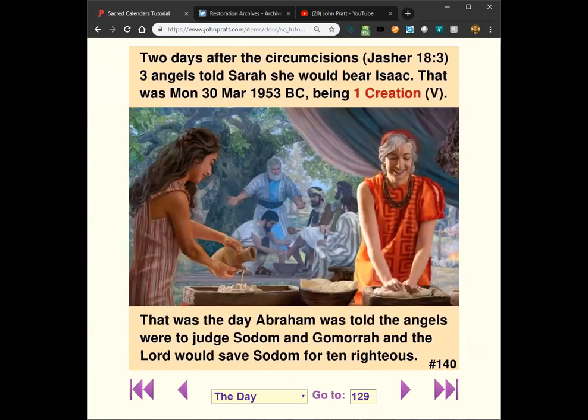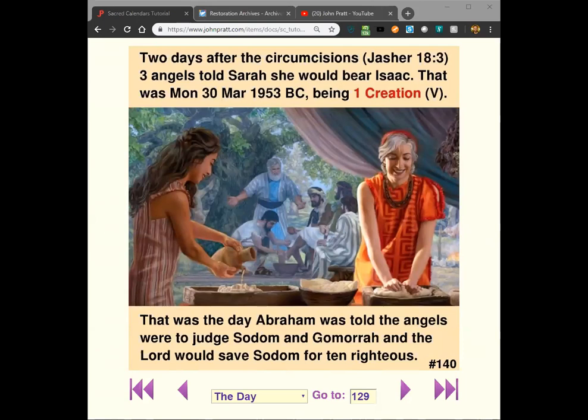3 angels told Sarah she would bear Isaac. That was Monday. The other day was Saturday the 28th. Now it's Monday the 30th of March. That's one creation. And that's the same day Abraham was told that the angels were going to leave him and go destroy Sodom and Gomorrah. And Abraham had the conversation that they would save Sodom if they could find 10 righteous people there.